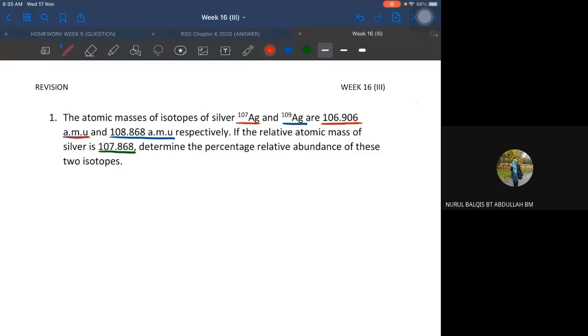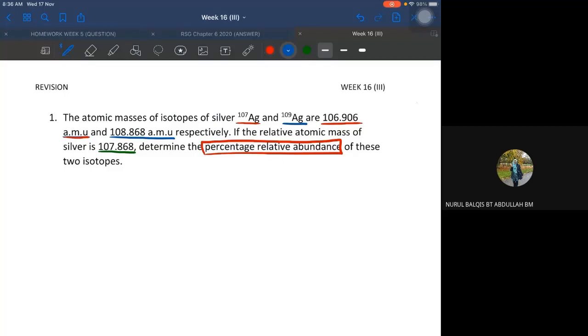Okay, determine the percentage relative abundance of these two isotopes. So how are we going to start doing this? Given already the informations about the isotopic mass, and then you need to find the percentage abundance. Let X and Y. Awak nak cari abundance dalam bentuk percentage, total kena 100% for these two, 107 and 109 silver.